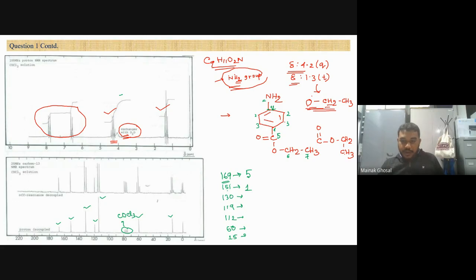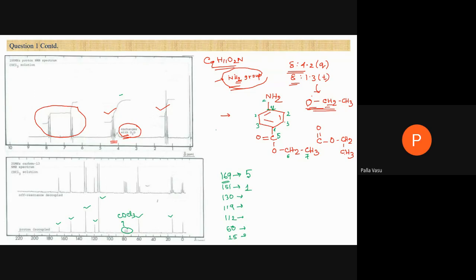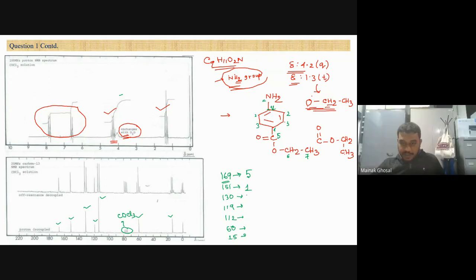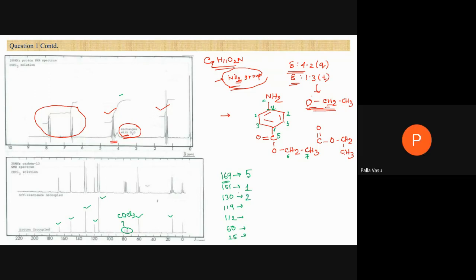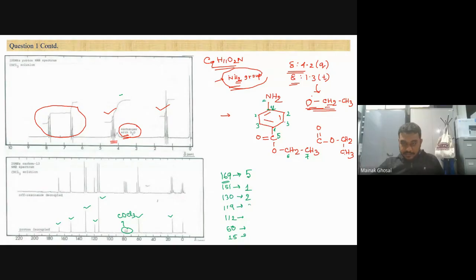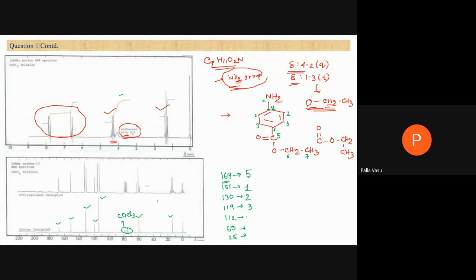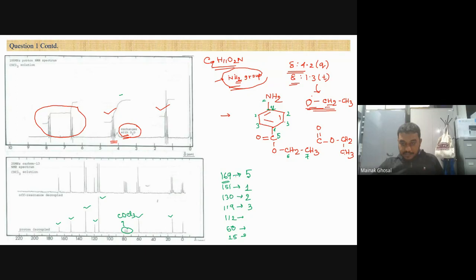So for the other two, 130 and 119, you can easily guess which one is which. 2, sir. 2 is 130, right? Next one is 3. Yes. Now which one will be higher, 3 or 4?